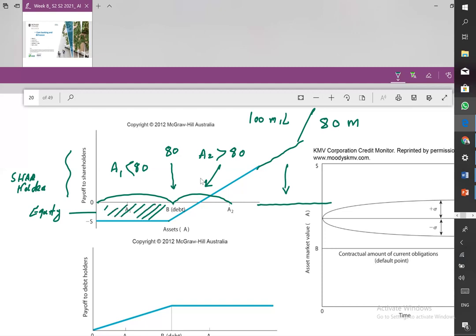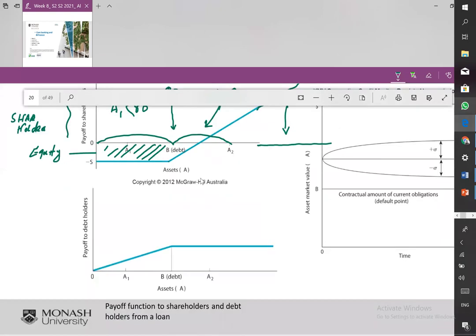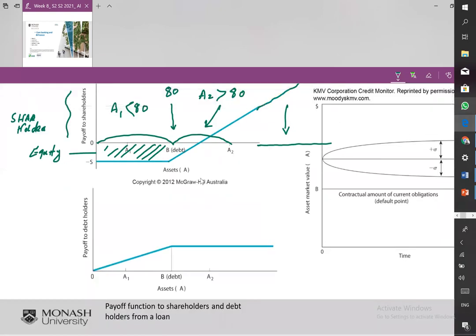Now, come see the payoff from the bank's perspective. This is to the bondholders, the debt holders.